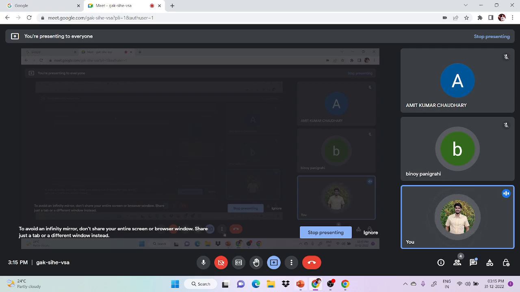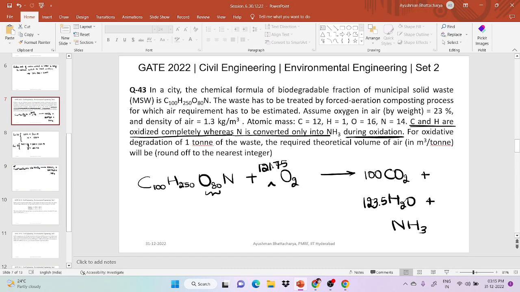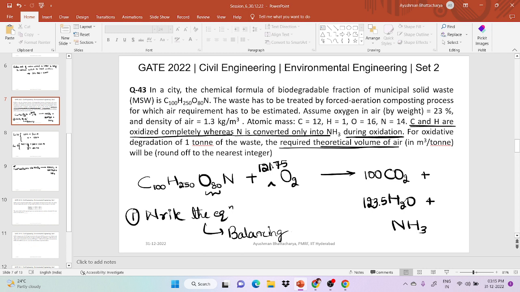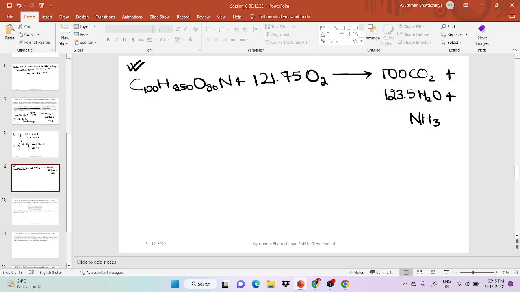The first important point in this question is that you have to write the equation and then balance it properly, else you will get a wrong answer. Now the question says, for oxidative degradation of 1 ton of waste, the required theoretical volume of air.